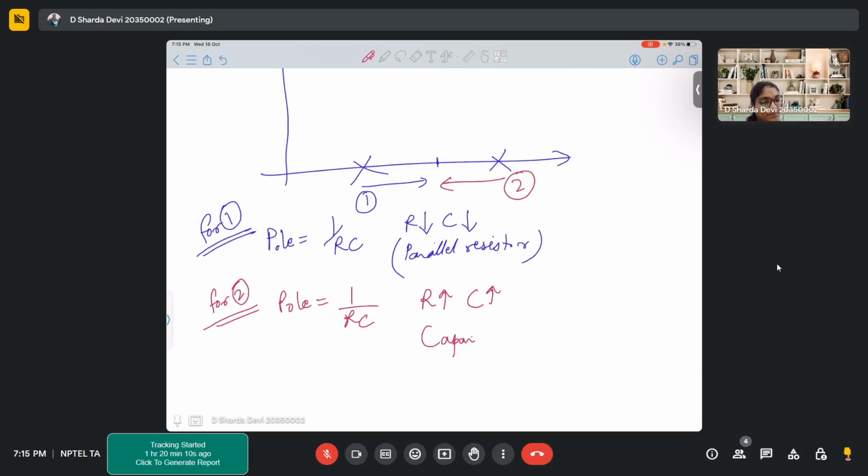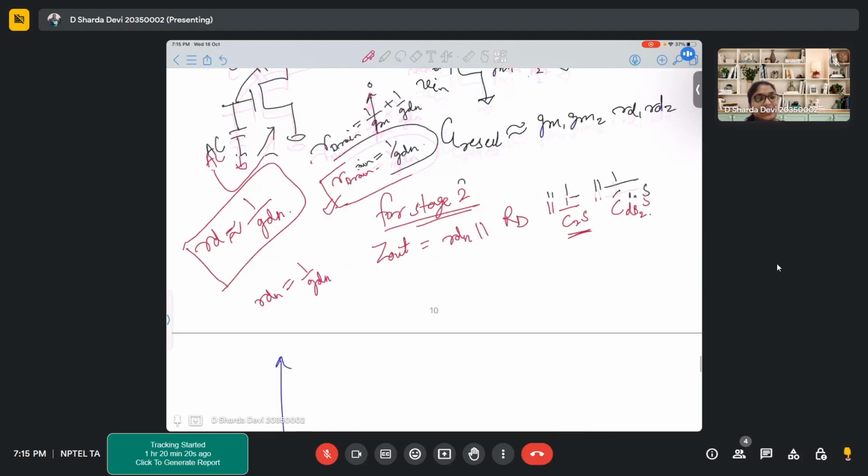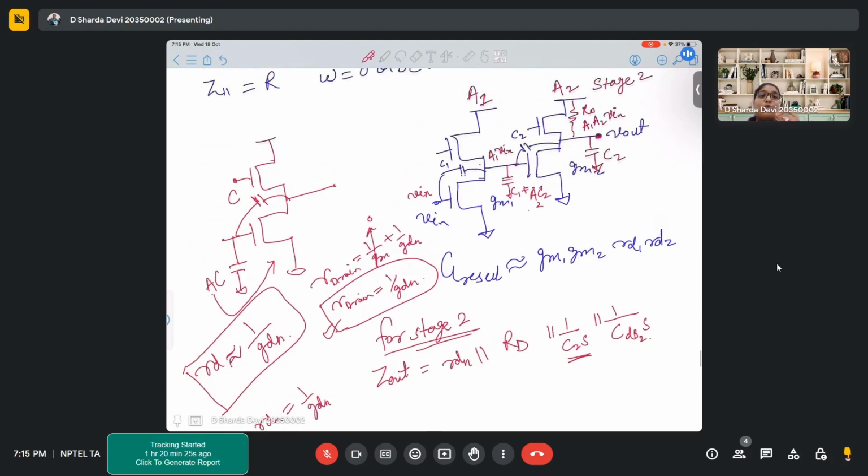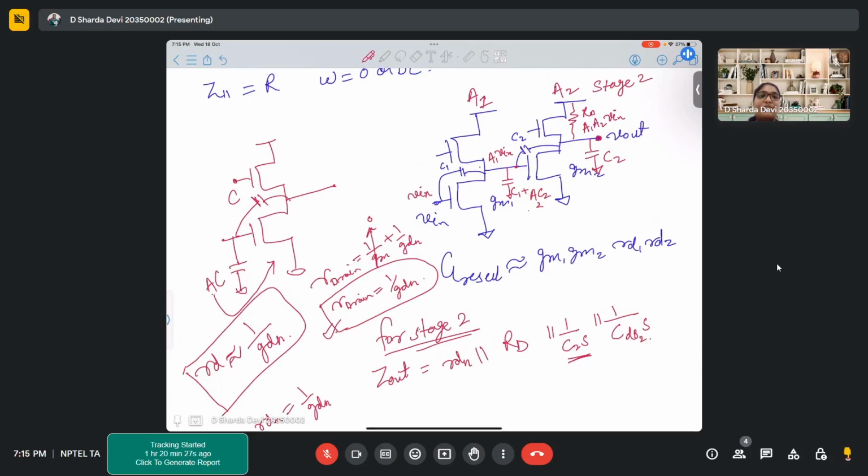C12 is an internal capacitor, madam. Correct, that's the point. Other than a load capacitor, any capacitors that we have analyzed, which are terminal capacitors, are internal capacitors that come because of the MOSFET operation.